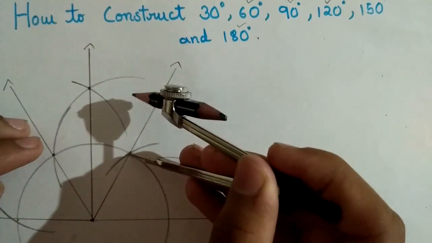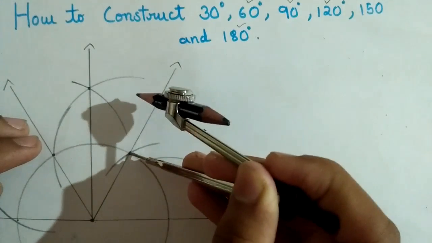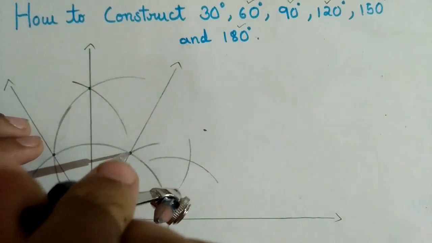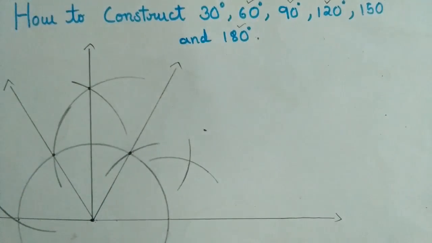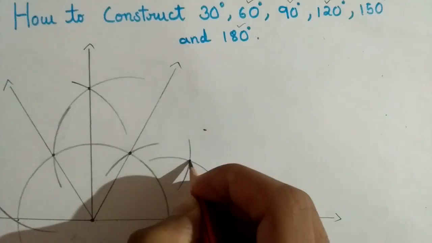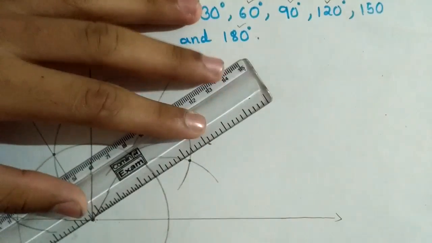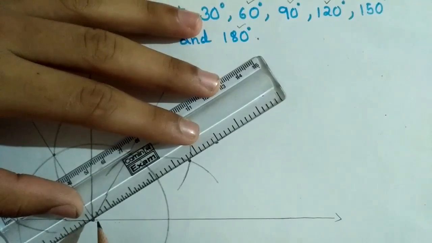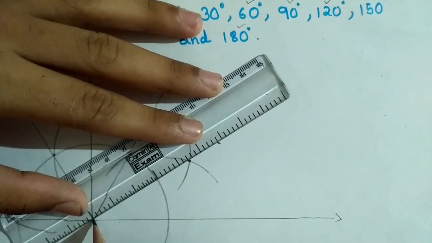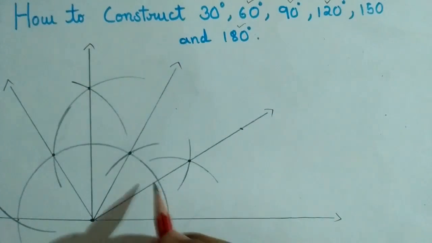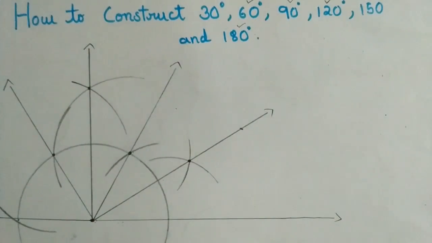And from here, by taking more than half, I will cut another arc here. This point you got bisects this 60-degree angle. So this point is the 30-degree point, and the angle we got now is 30 degree.